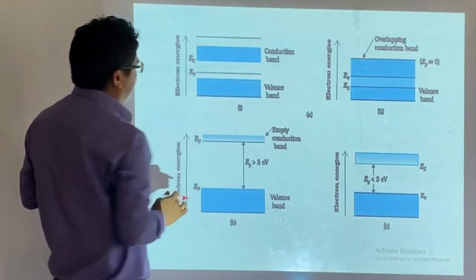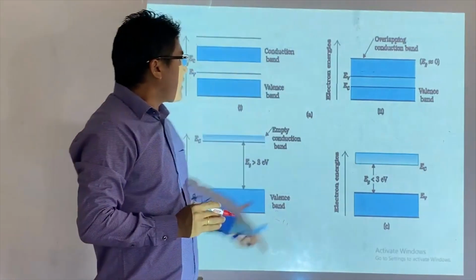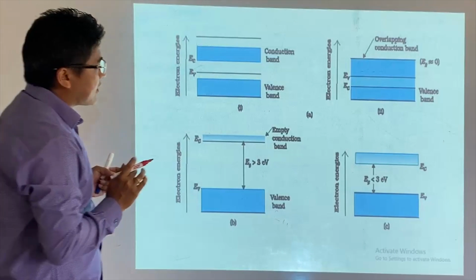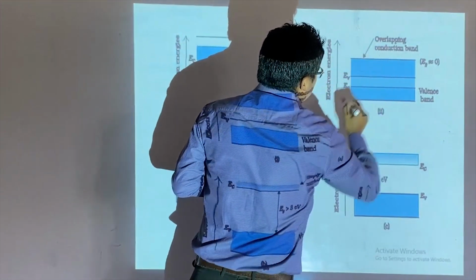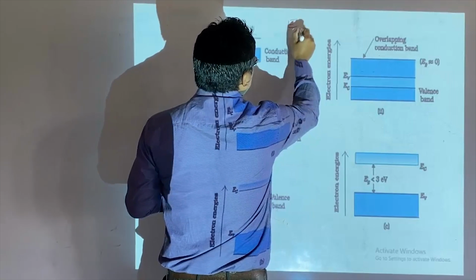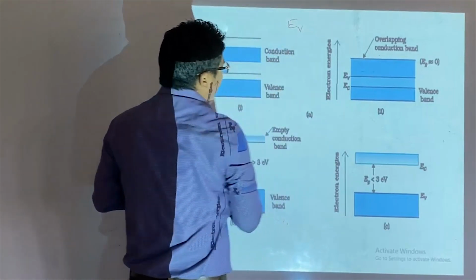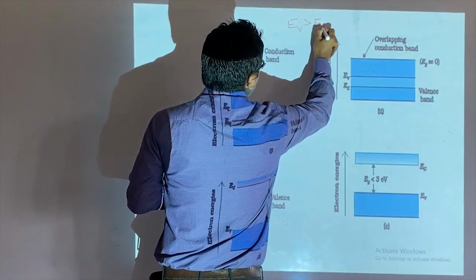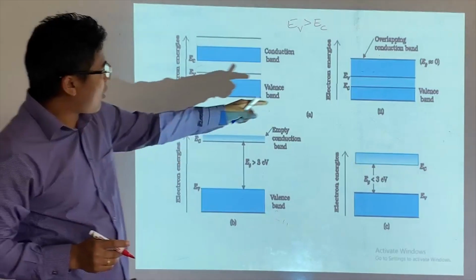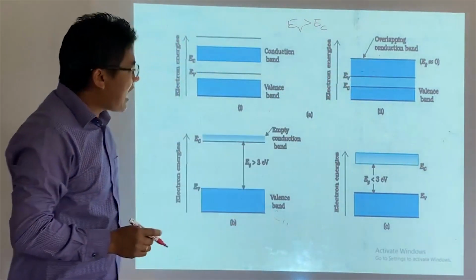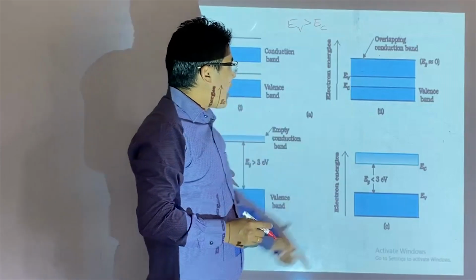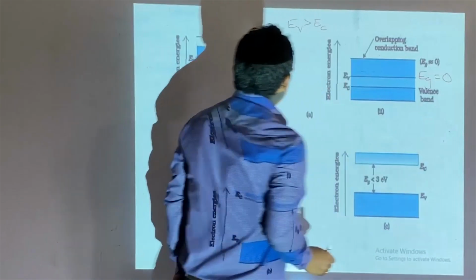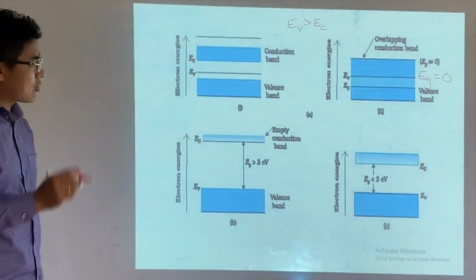In conductors, the valence band and conduction band overlap. That means electrons are available in the conduction band, and the energy gap is almost zero. So this is one case.